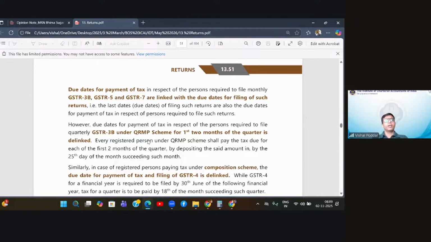And hence, when interest is also computed, the interest gets computed on the basis of due date of filing returns. So if you are discharging your tax liability later, then the interest will be calculated on the basis of the last day to file the returns, and from the next day the interest meter will start. So technically there is no separate due date given in the law for making payment of tax, but it is by default the due date of filing your returns.